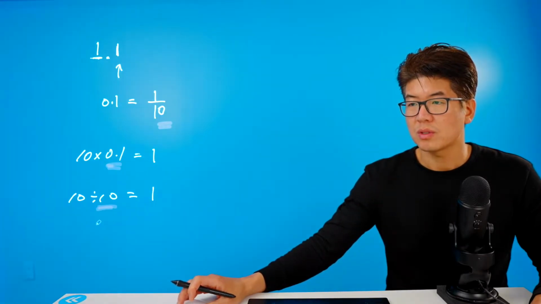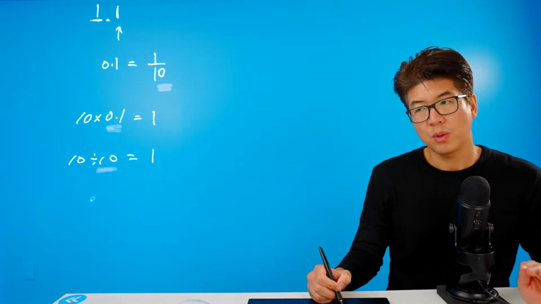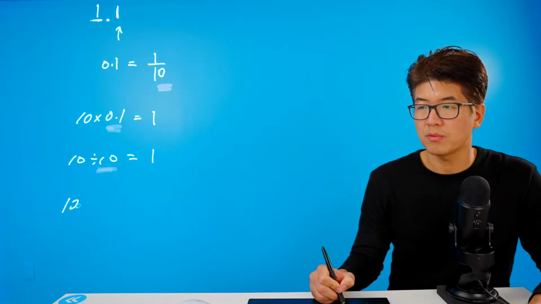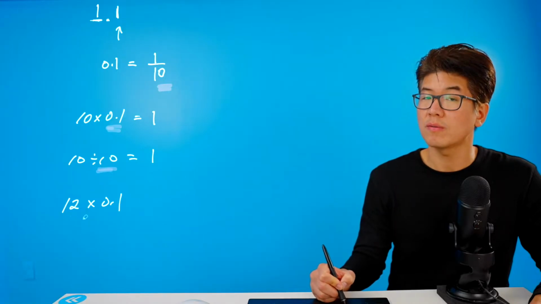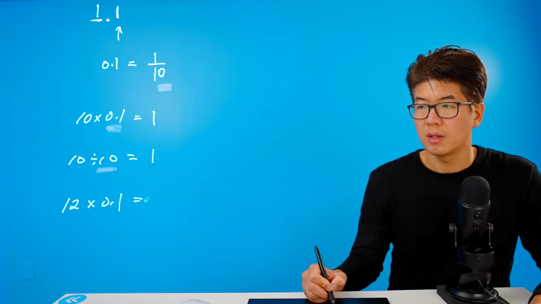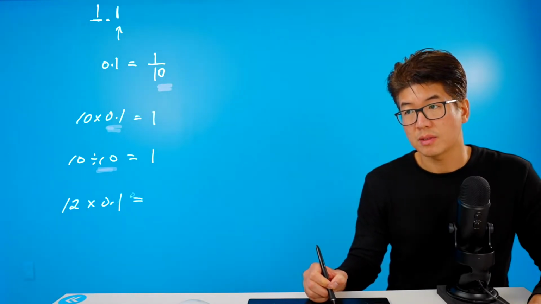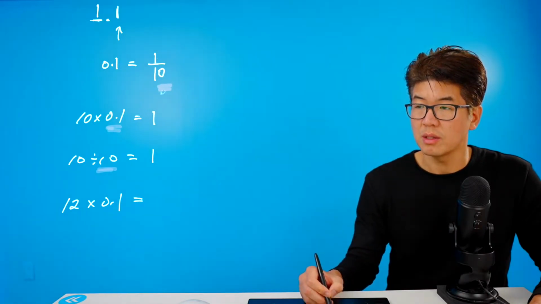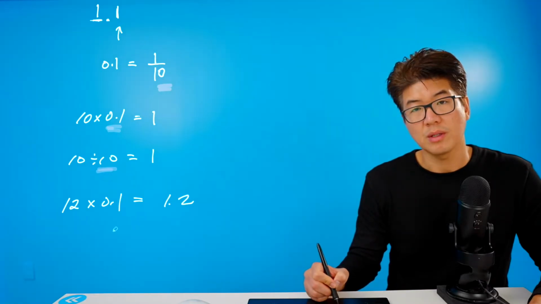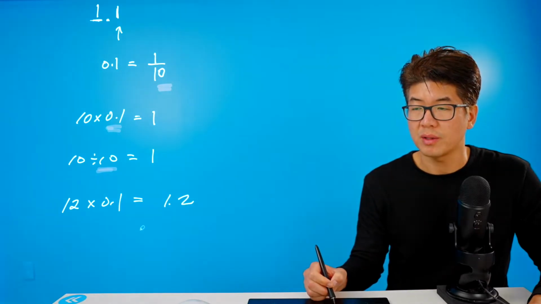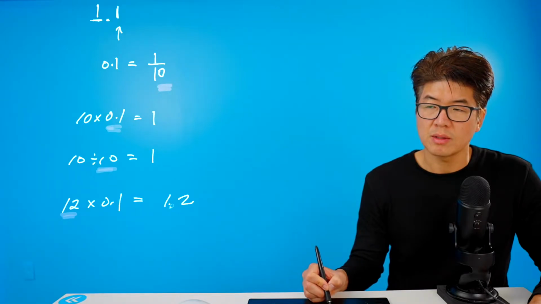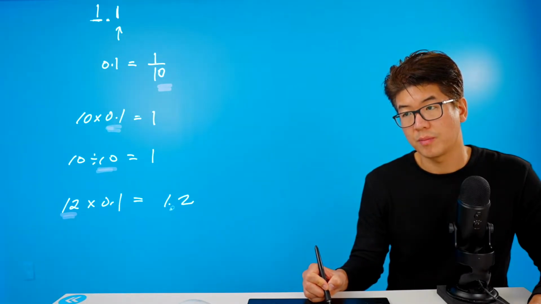So let's do a slightly more interesting example. We want to focus on going back to multiplication of decimals. What happens if I have 12 of 0.1, 12 times 0.1? Well, that means we have exactly 12 of this. That's the same thing as 12 over 10, which is 1.2. Do you see how the 12 simply gained a decimal place?